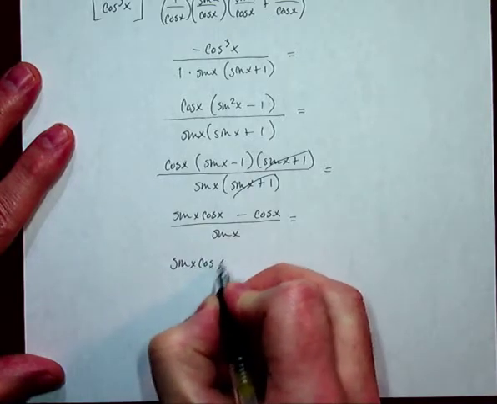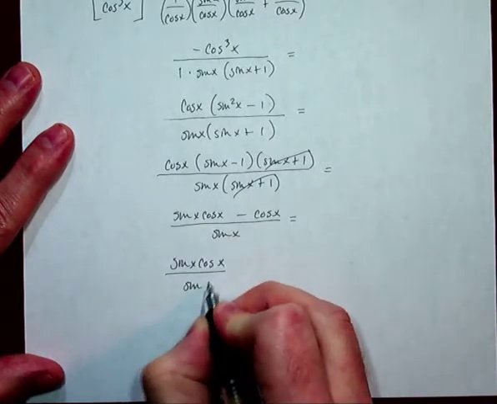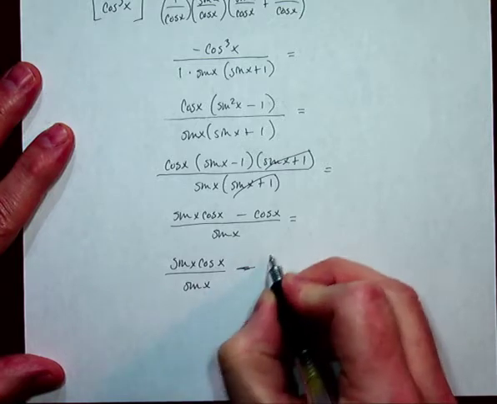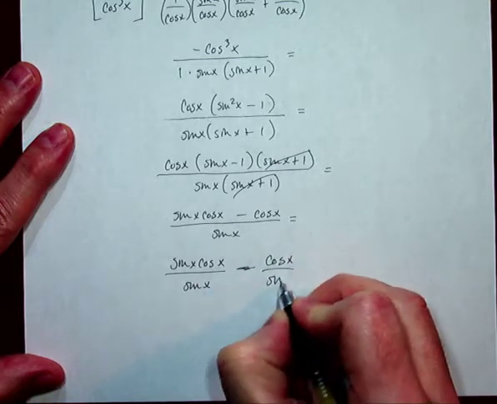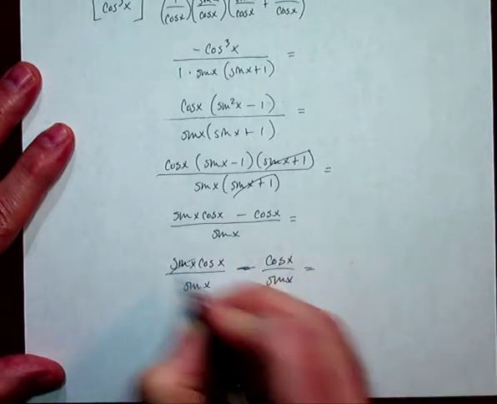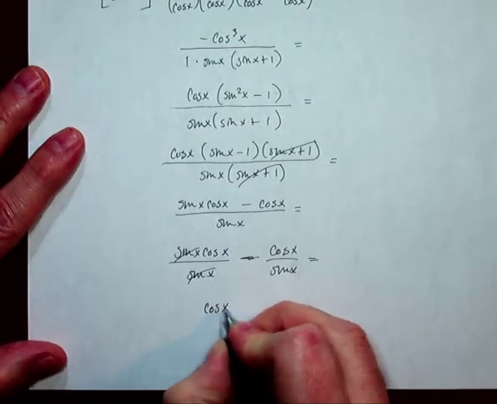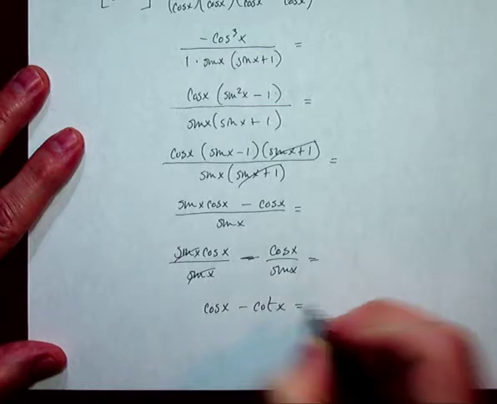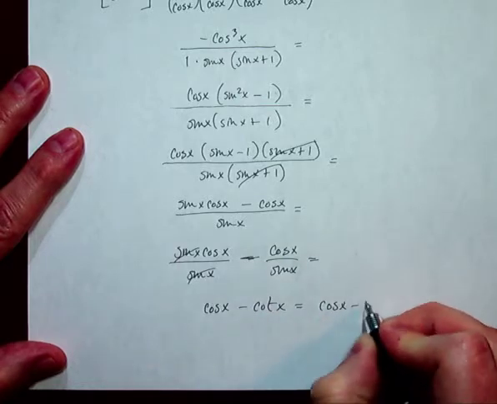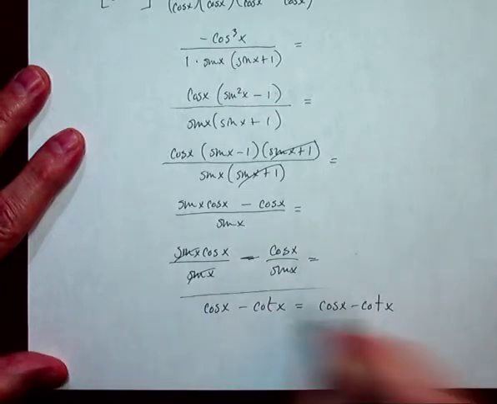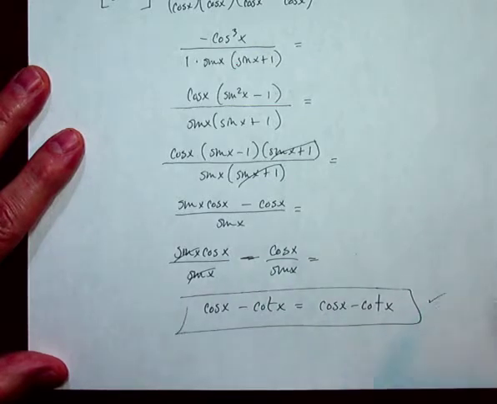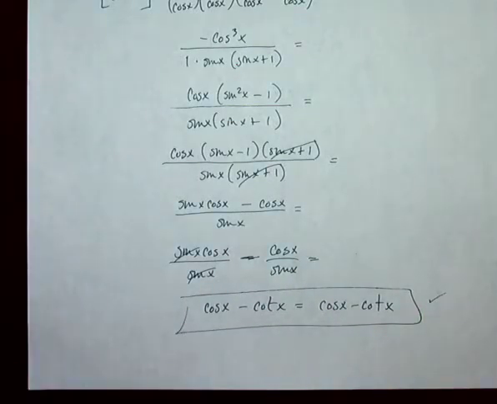And in separating the fractions, minus cosine x over sine x, these signs cancel out, and I'm going to get cosine x minus cotangent x. Oh my gosh! And that was torturous and unnecessarily long, but in the end doable. Okay?